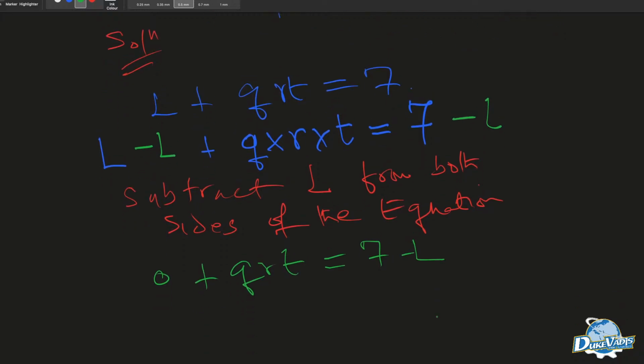Bear in mind that QRT means they are multiplying. So over here, since they are multiplying, let's make a note so that we don't forget.